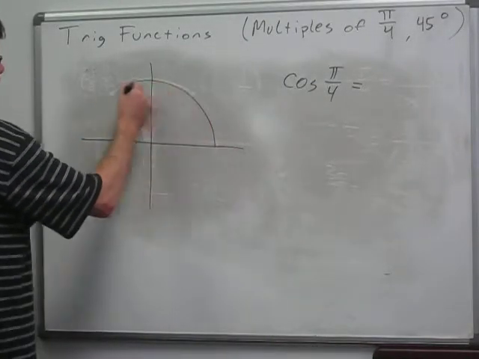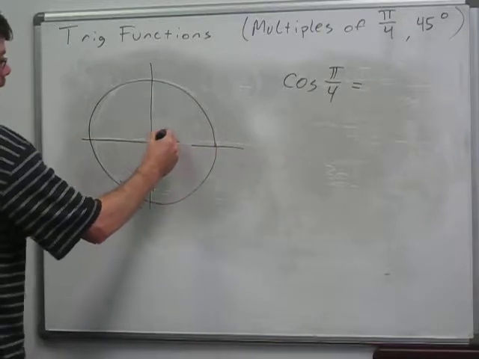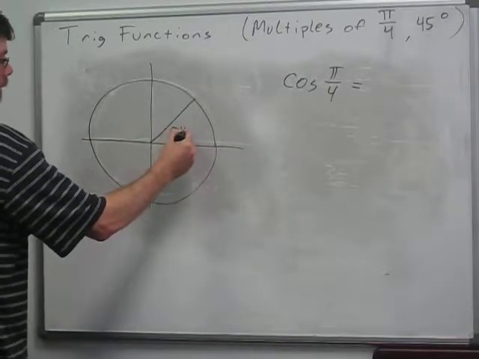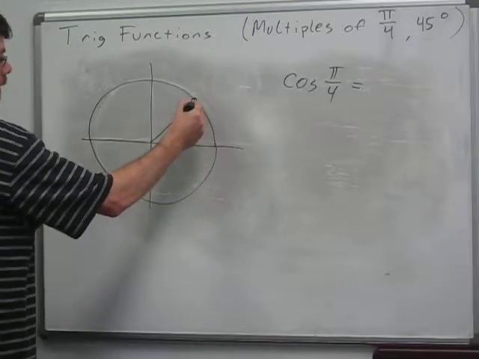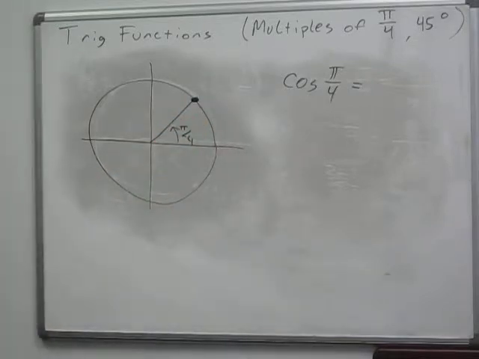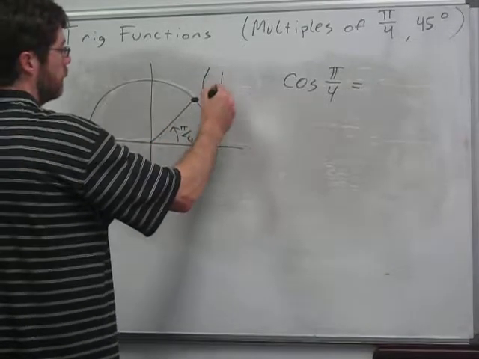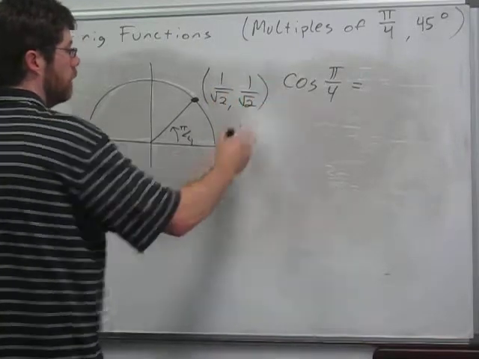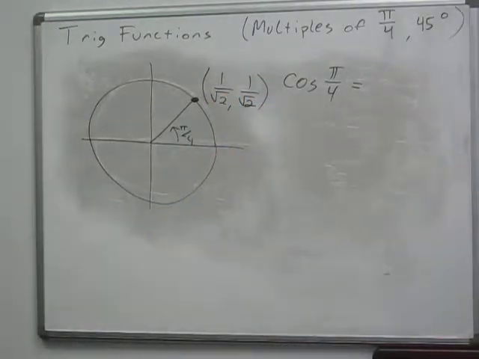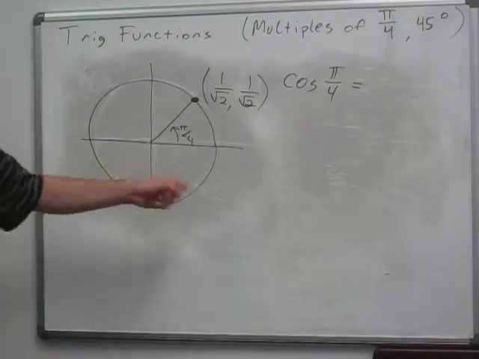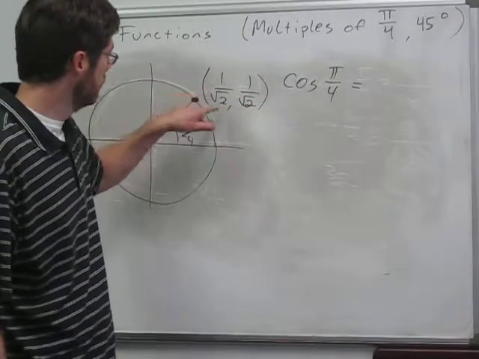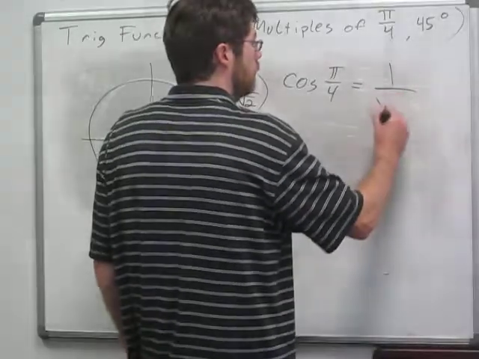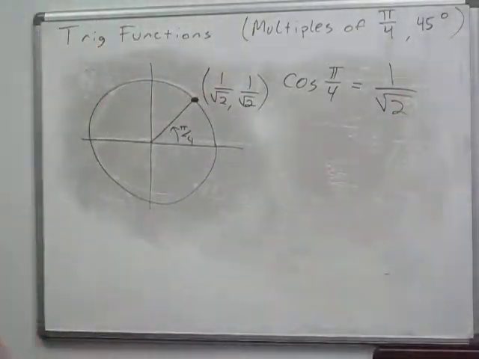If I draw my unit circle, a rotation of pi over 4 lands me at this point, and we know from the previous video that that point has coordinates 1 over radical 2, 1 over radical 2, right? This is the unit circle, so cosine of pi over 4 is just the x coordinate. So this is 1 over radical 2.